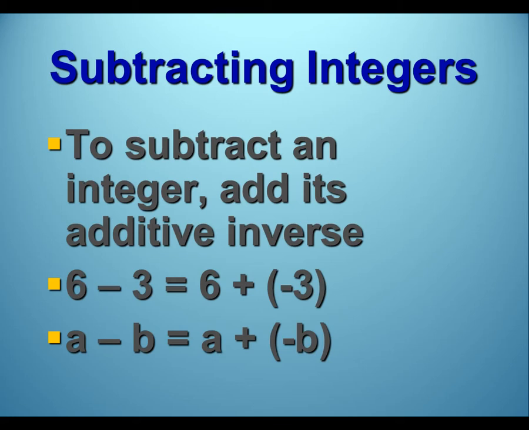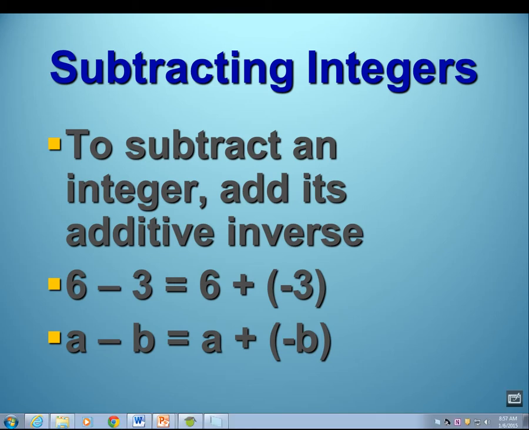For example, we have 6 minus 3, but we want to change it to its additive inverse to be 6 plus negative 3. So we're going to use the additive inverse. It's just like saying plus negative 3 rather than 6 minus 3.